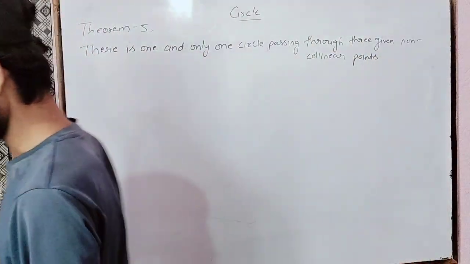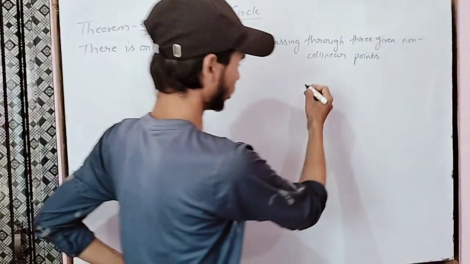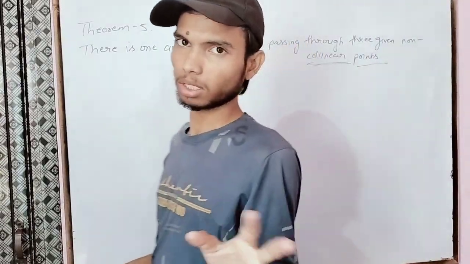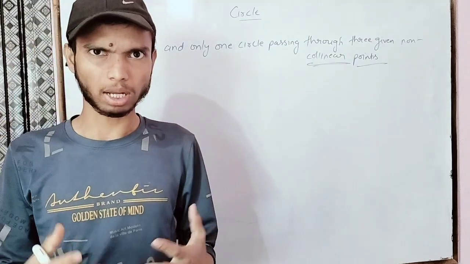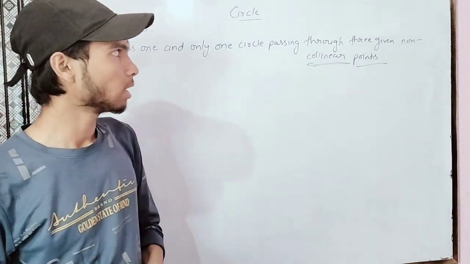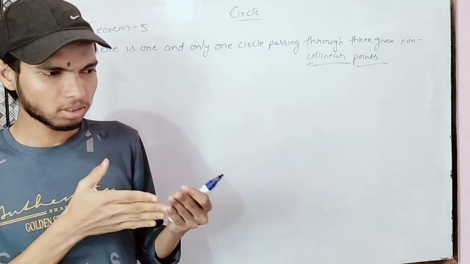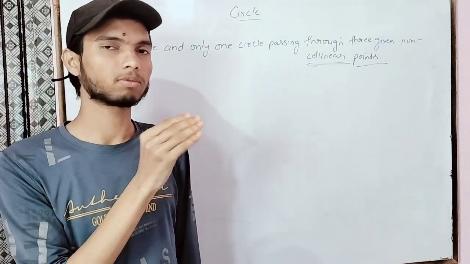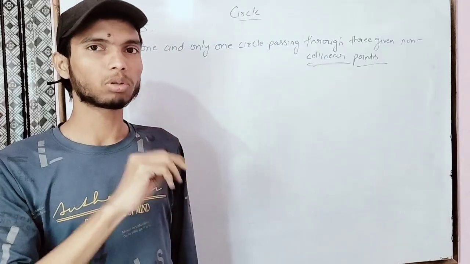Do you know the meaning of collinear? Collinear, when it comes to points, means the points lie on a straight line. If points are collinear, they are in a straight line, three points, four points, more than 2 points.